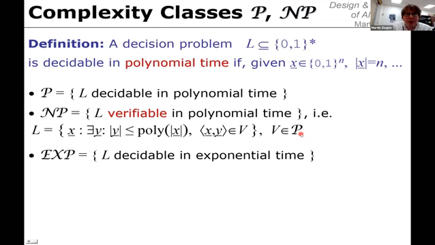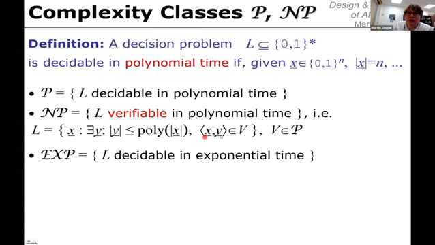But the point here is, if you're given x and supposed to decide whether x belongs to L, if someone provides you with such a y, if you're given both x and y, then by the very definition, it is polynomial time decidable whether this pair belongs to V, and therefore whether x belongs to L, right?